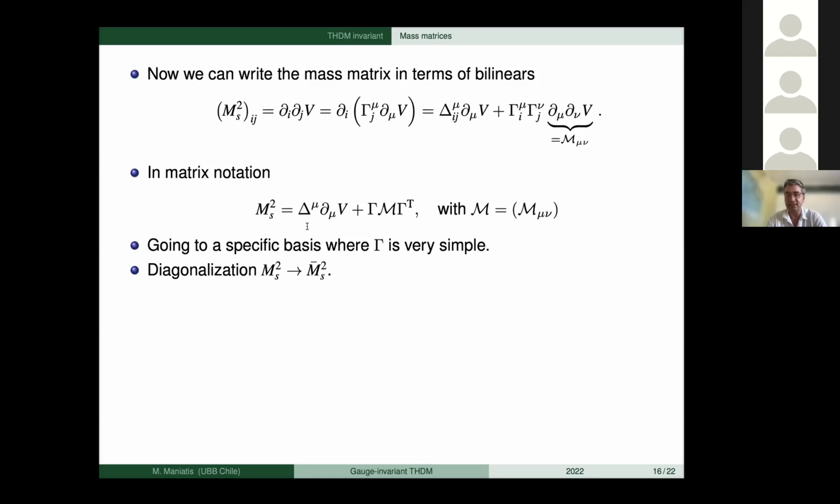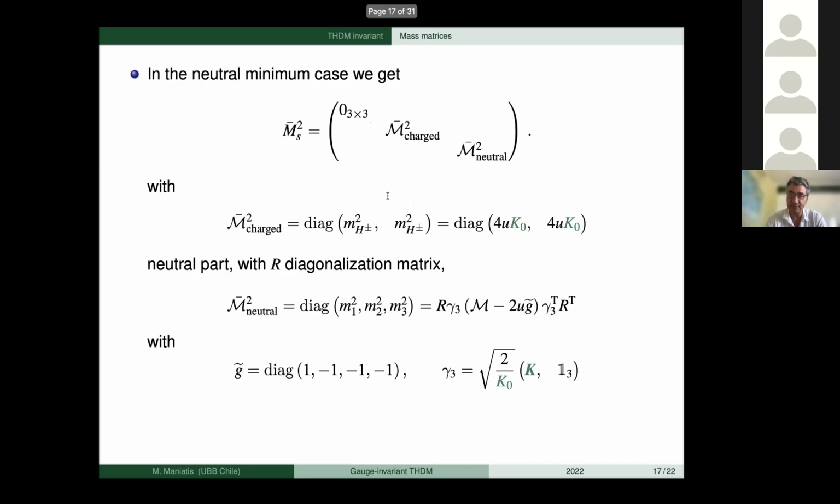And we can write this in matrix notation, suppressing the indices I and J. Then it looks like that. This is a connection, and these are these constants. And then, as we show in our paper, we can go to a basis where this connection is very simple, and we can diagonalize this matrix. And then we find this striking result, I guess, where the squared mass matrix looks like that.